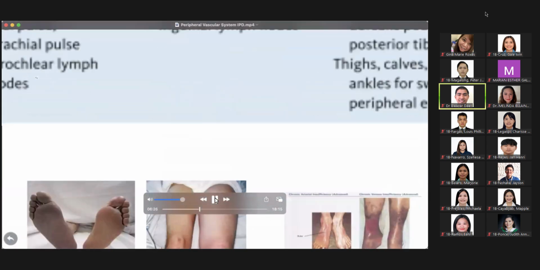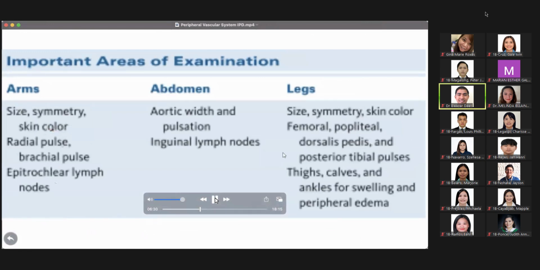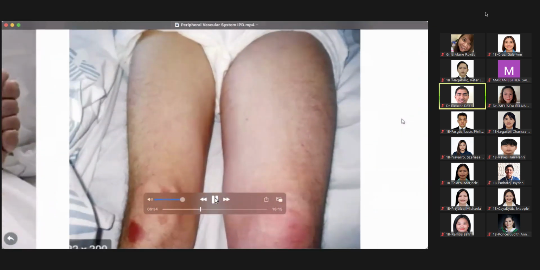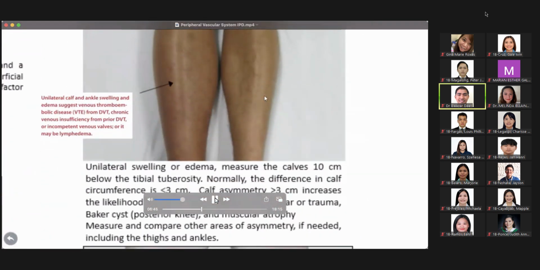Next will be the legs. Legs: size, symmetry, and skin color. Obviously the size is bigger on the left. This is suggestive of deep vein thrombosis. In the calf area, which is bigger, this one.